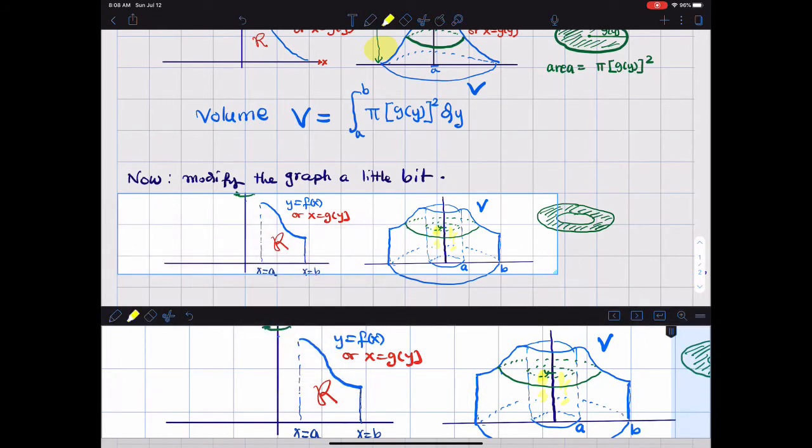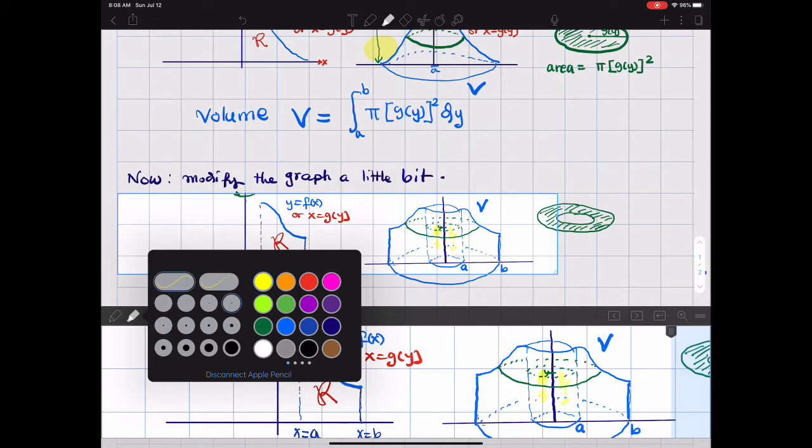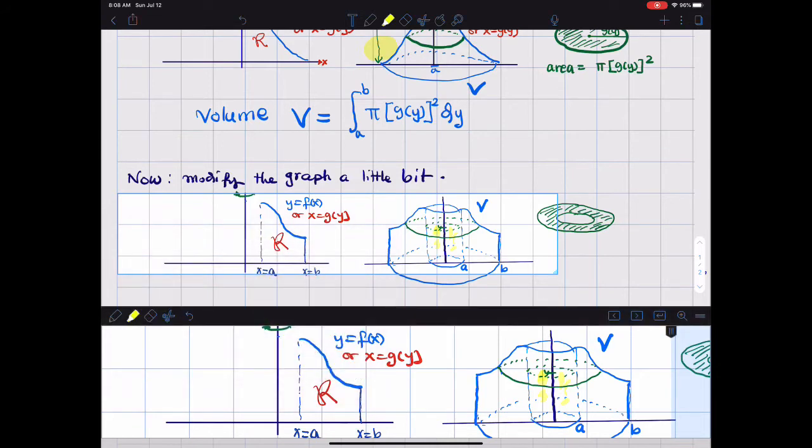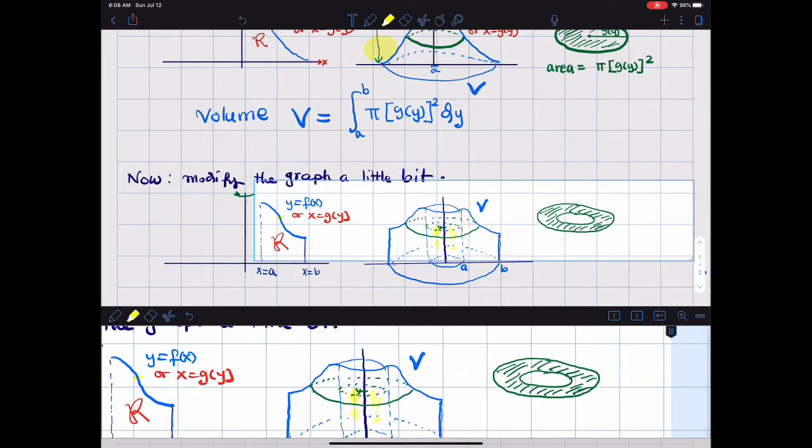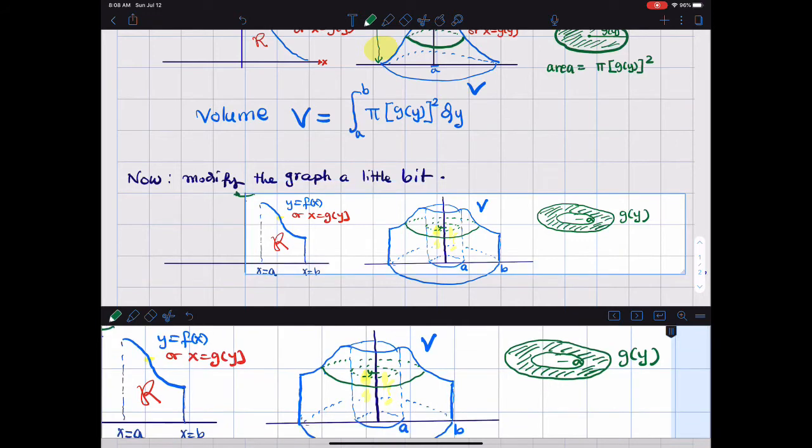I wish you could see. Yes, this function. So it's going to be x is equal to g of y. That's the outer radius. Meanwhile, the inner radius is going to be a. Okay? That's the first disk.